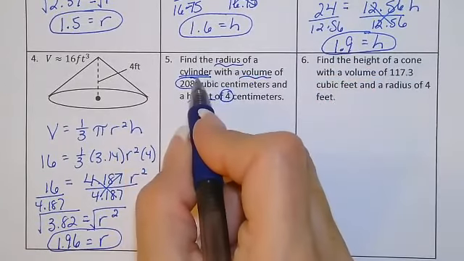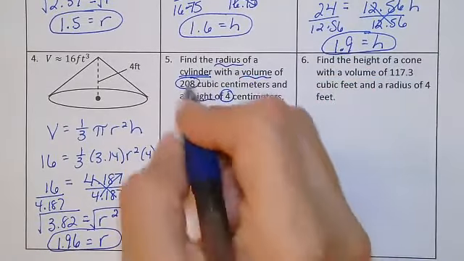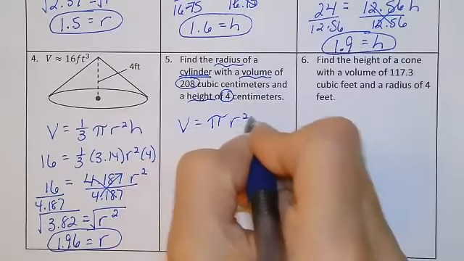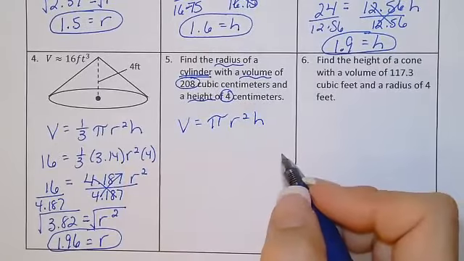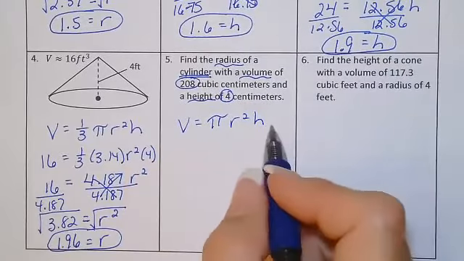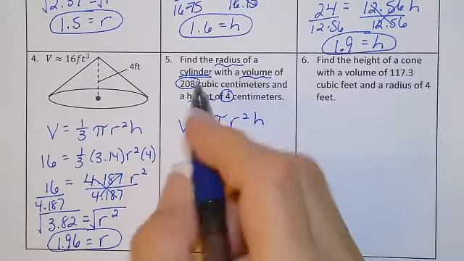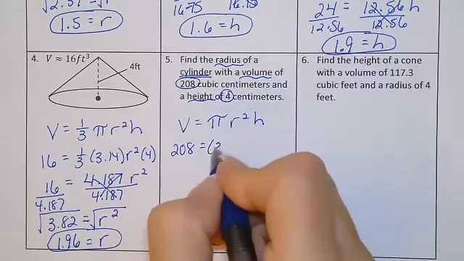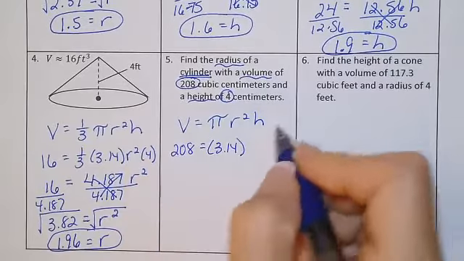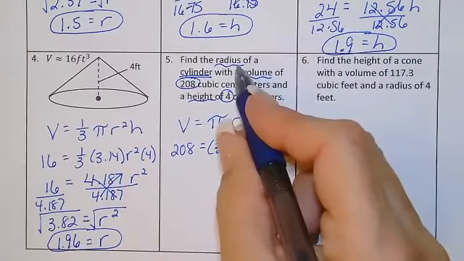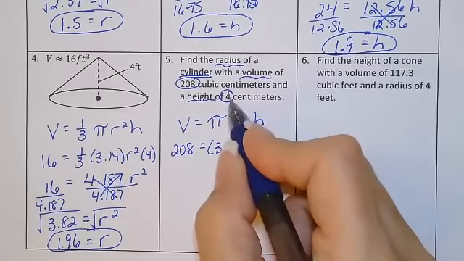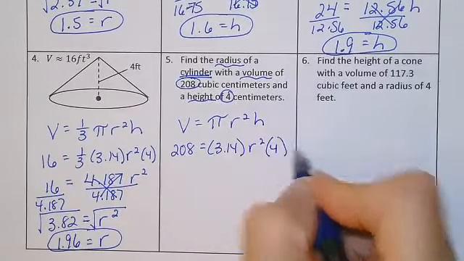Okay, so we're going to start out with our volume of a cylinder formula. And now we're going to substitute. So it says the volume is 208. We know that pi is 3.14. We don't know what radius is. We know the height is 4.